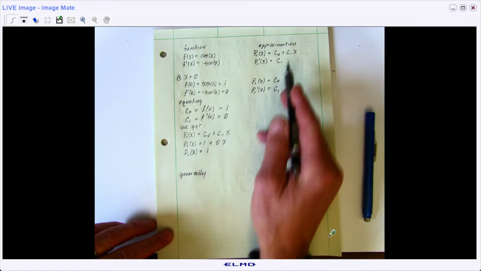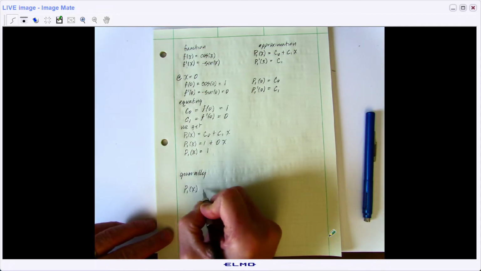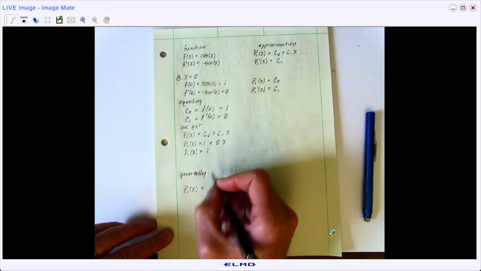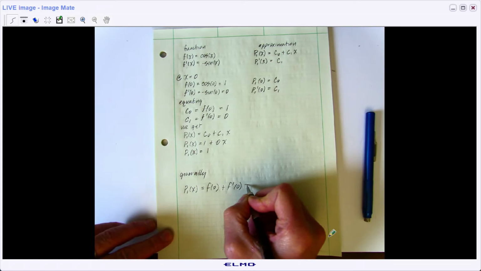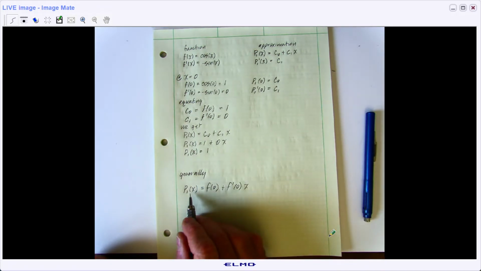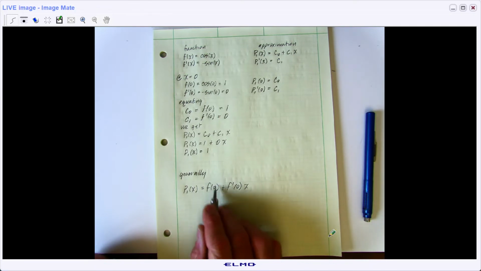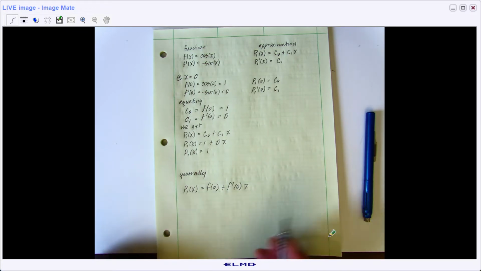So generally P1 of x is equal to F of 0 plus F prime of 0 times x. And that should make sense to you, right? If we're going to build a polynomial that behaves like the function, it should have the same intercept at 0, and it should have the same slope at that point. And so that's what we found.